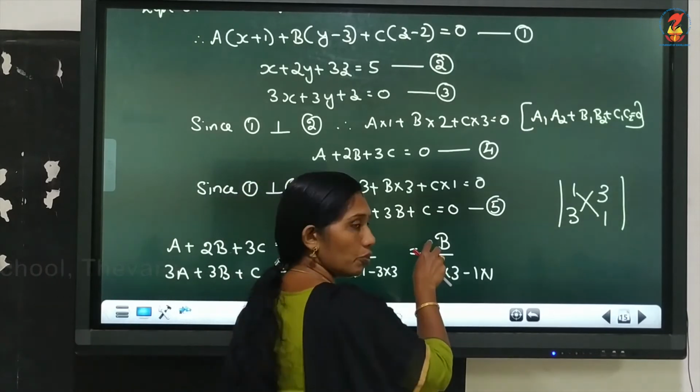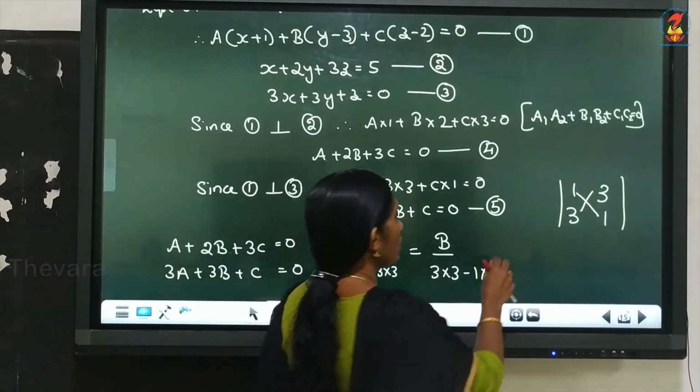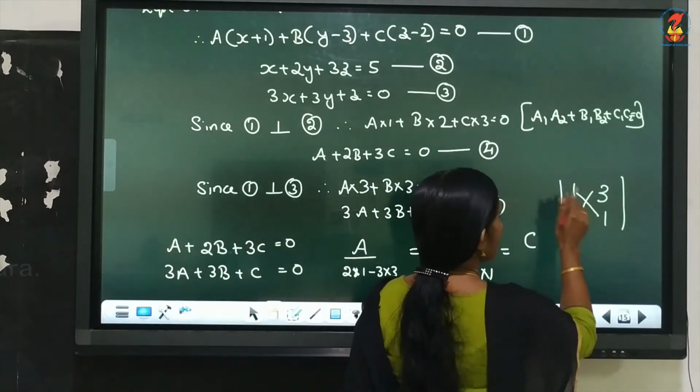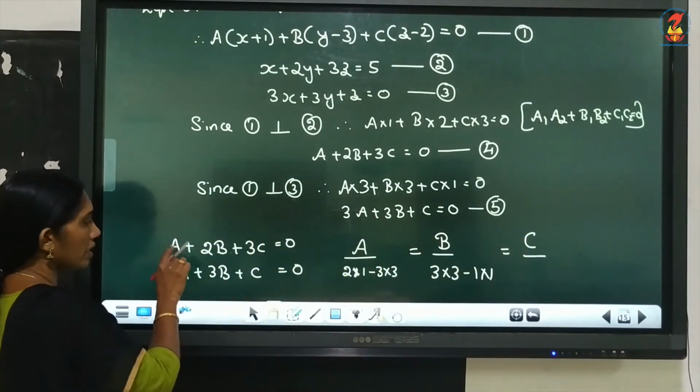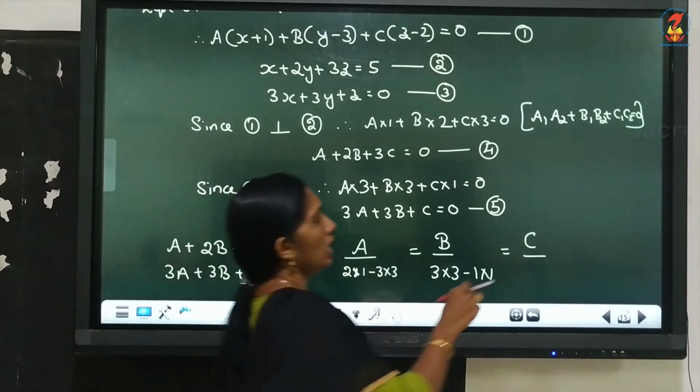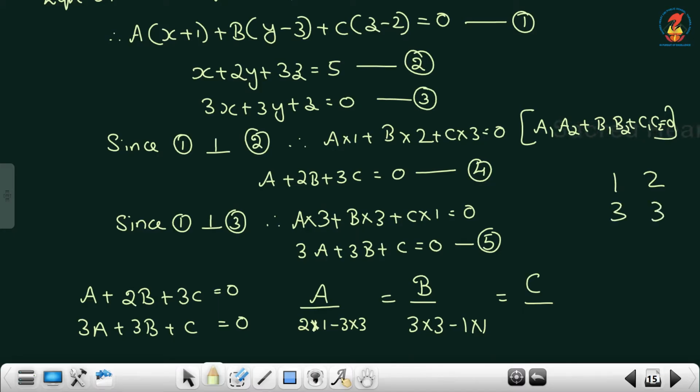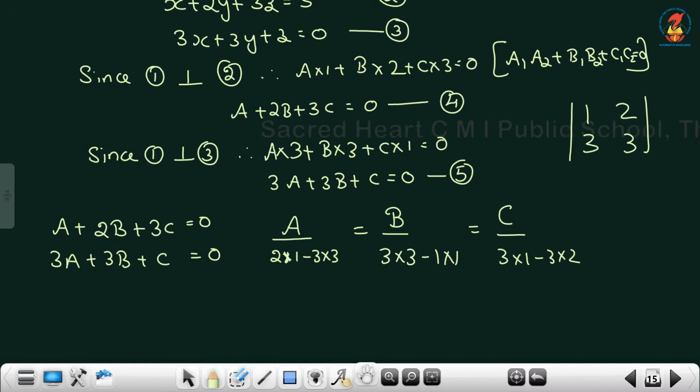Second number you have to put negative, that way also you can do. Then the third is C by, C portion don't take, here 1, 2, 3, 3. Just cross multiply. 3 minus 3 into 1 minus 3 into 2. Then put equal to some lambda.